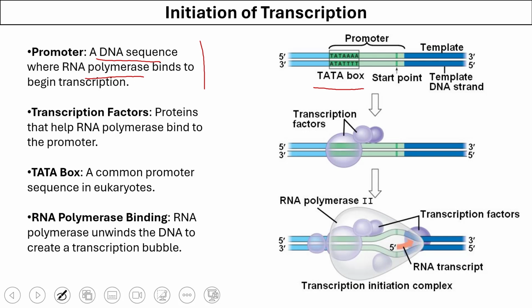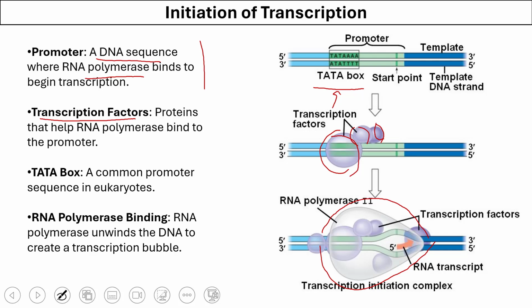But before RNA polymerase can come, there has to be the presence of some transcription factors which help in the binding of RNA polymerase. So these are the transcription factors. Once they have settled on the TATA box, RNA polymerase will come and sit for making the polymer of RNA.